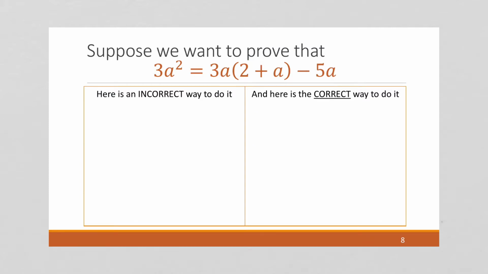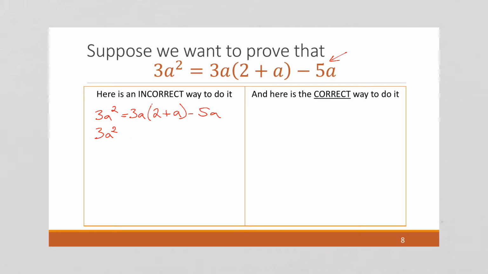Right? And let's see an example of why this is important. So in this problem, the only thing I changed is instead of this being a 6, now it's a 5. So let's try to do it the wrong way and see what happens. Okay, 3a squared.